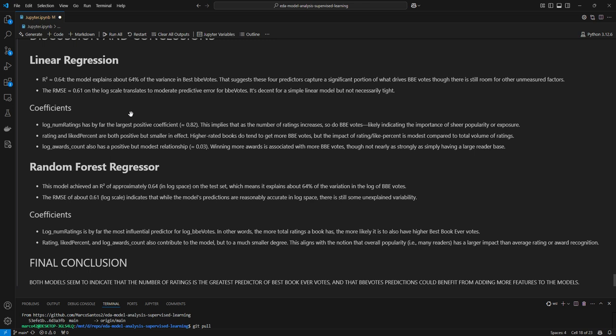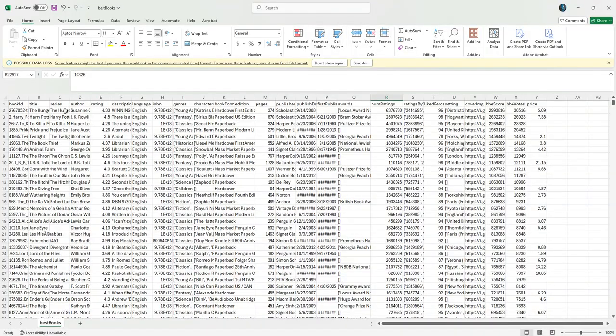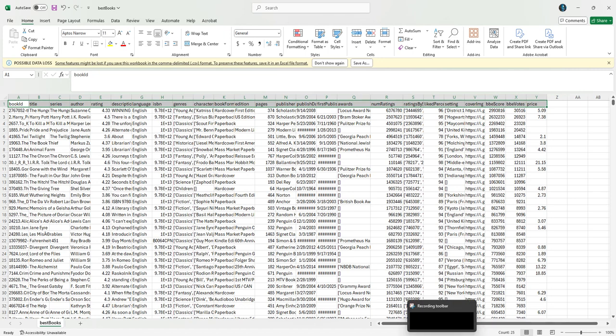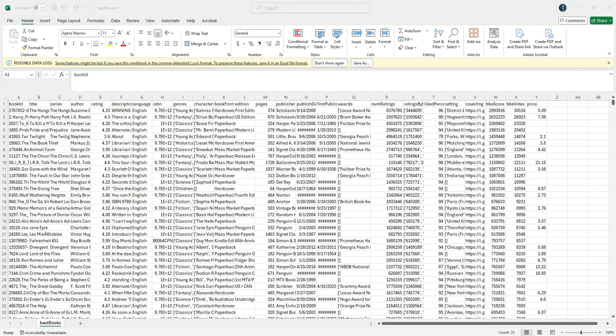The model explains about 64% of the variance in best book ever votes. That suggests these four predictors capture a significant portion of what drives BBE votes, though there is still room for unmeasured factors. As you know, we could have predicted that because there are a lot of different variables here that we're not looking at. So it is not surprising that that's the case.